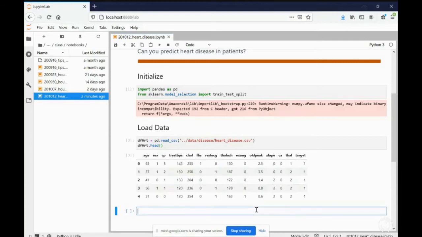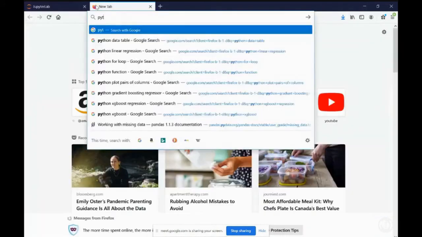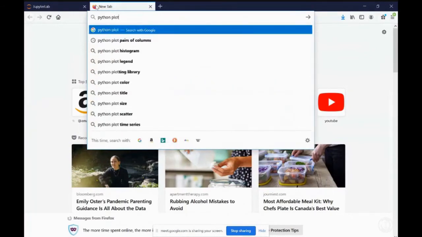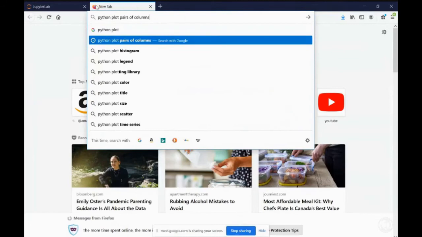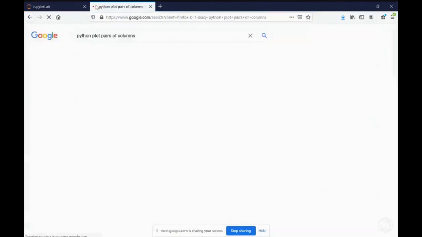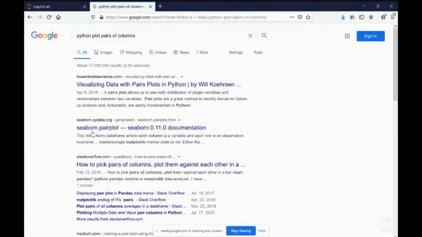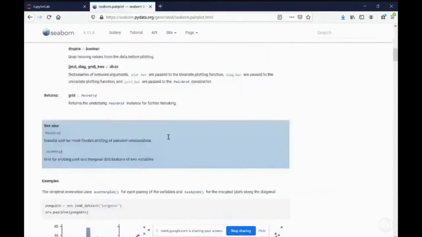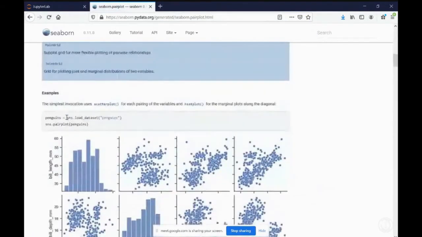Let's say you want to plot pairs of columns, every pair, right? There's a library called Seaborn, and there's something called pairplot.